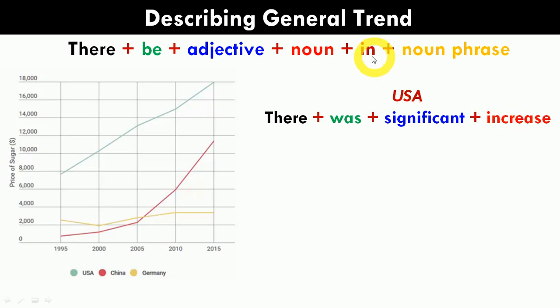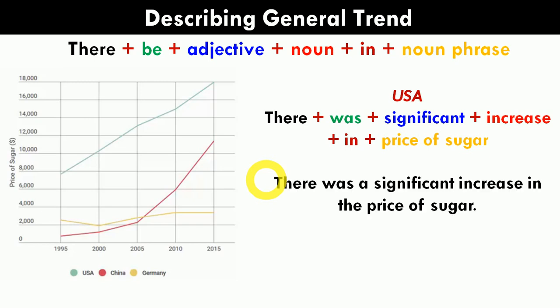Now the preposition, you just have to copy it: in. And the noun phrase is already given over here, so let's put it. This is the type of sentence we have created from the structure. Now we need to put in some articles. So here is the final sentence: There was a significant increase in the price of sugar. This is how you can use this structure when we are describing the general trend.